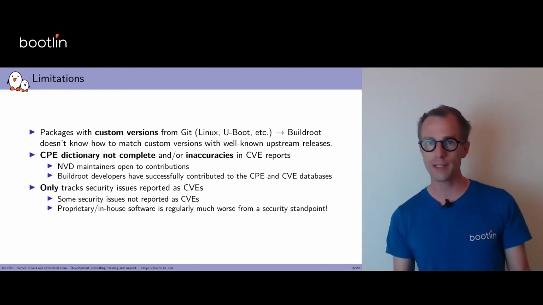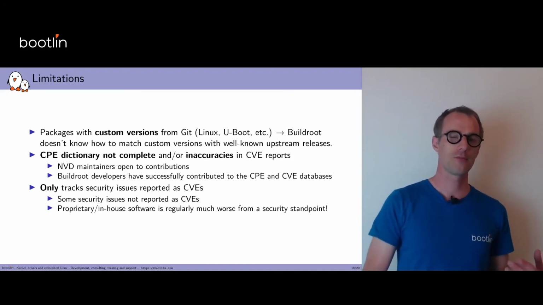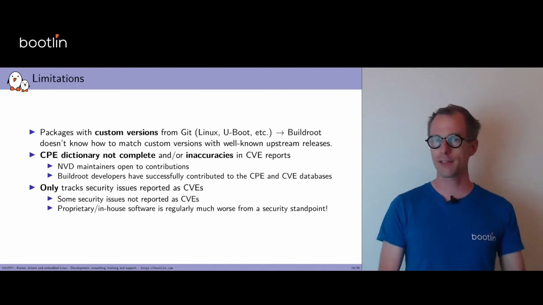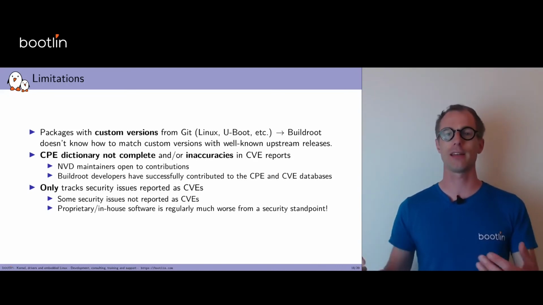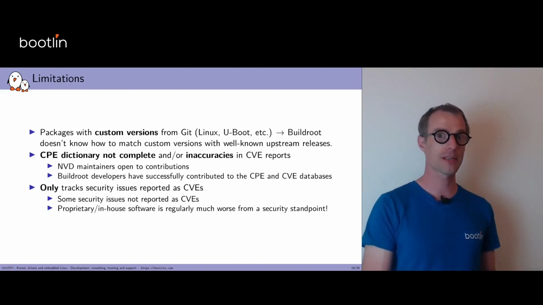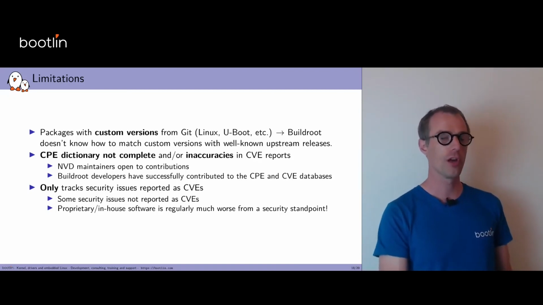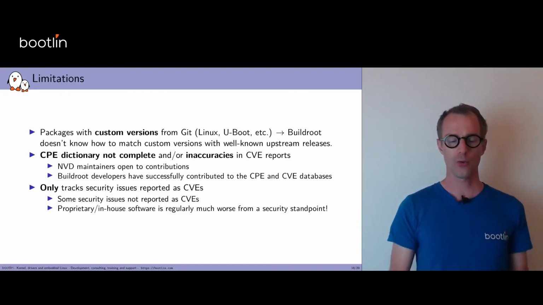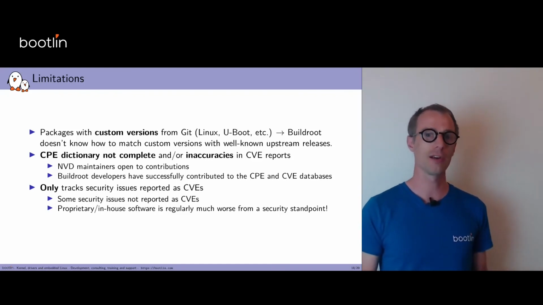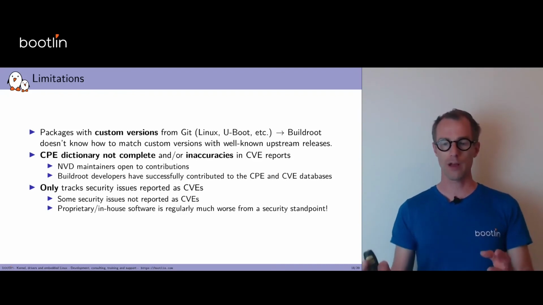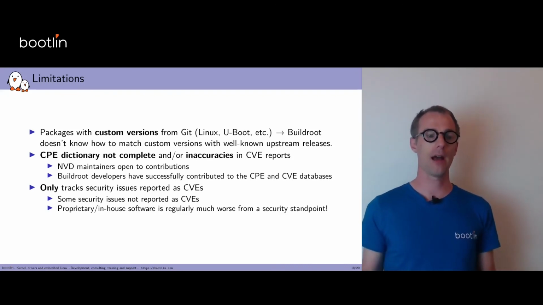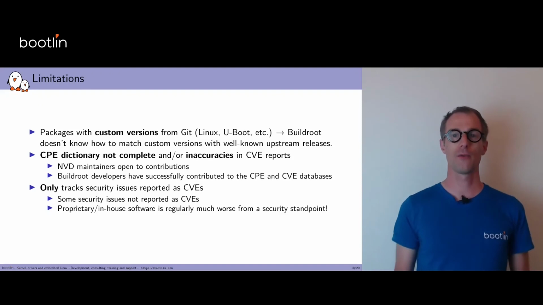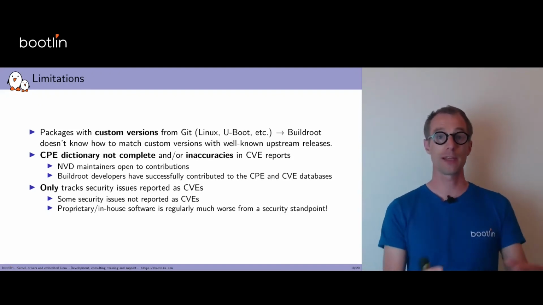It's of course not always the case, but it's usually less reviewed, less tested, less exercised than open source code. So there may be security issues in your own code which the CVE database will never tell you a thing about. So the whole point I'm trying to convey here is that it's not because you have a completely clean output of CVEs for your Buildroot generated system that your system is secure.